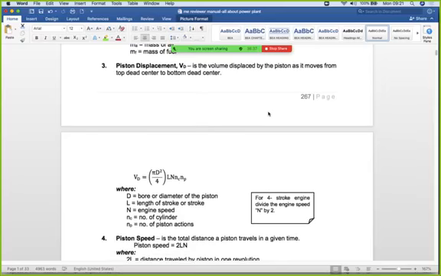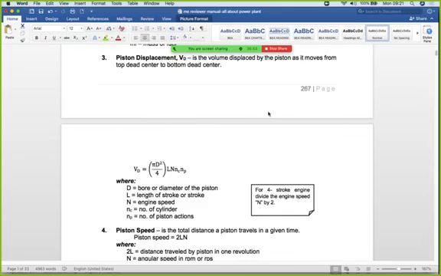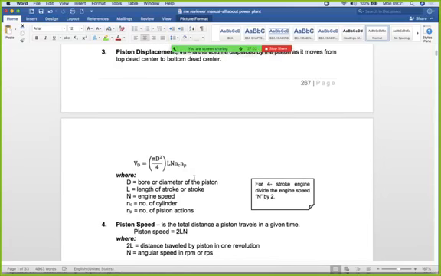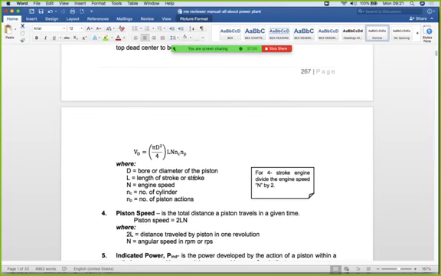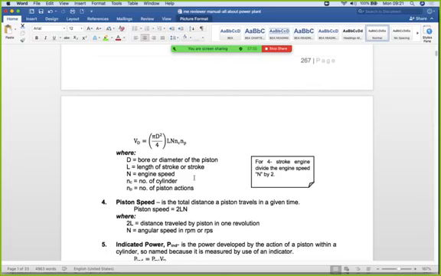This is the formula: VD equals the area, pi D squared over 4, times the length of stroke L, times N, which is the engine speed or revolution, times Nc, the number of cylinders and number of piston action. Sometimes you will be asked what the piston displacement is, so please do not forget this formula.